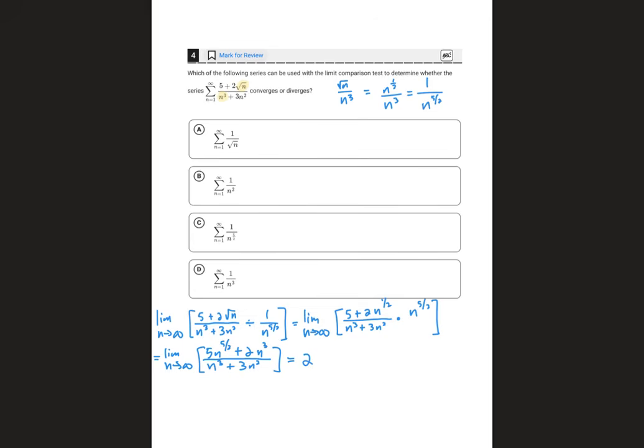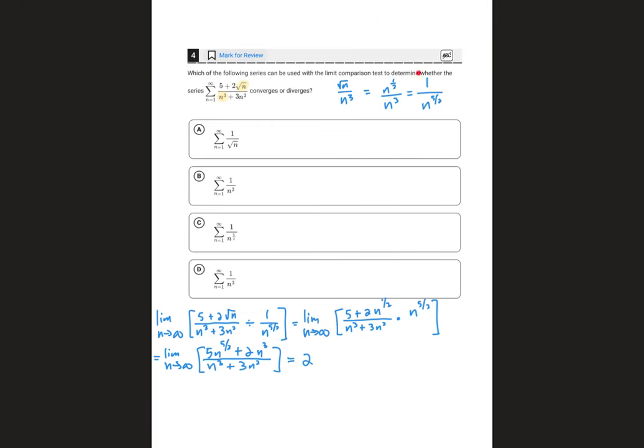Okay, and the limit comparison test says if you get an actual number when you do this limit, the original and the one you're comparing to, after you divide those and you do the limit, if you get a number, not 0 and not infinity or negative infinity, then they both either converge or diverge.